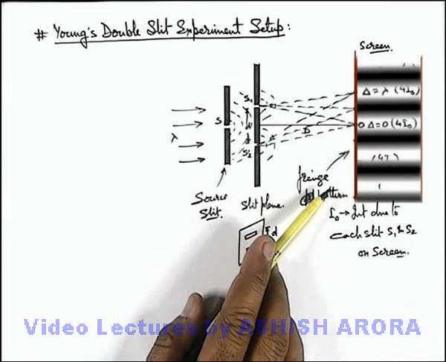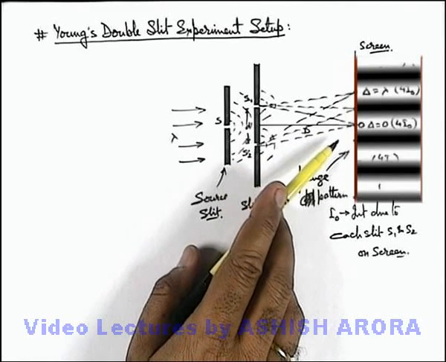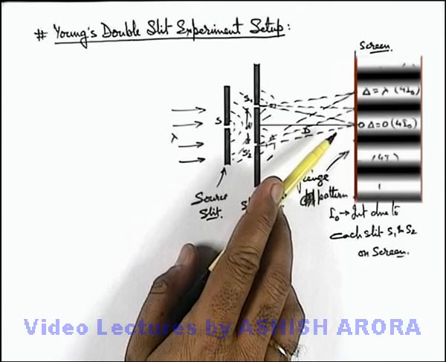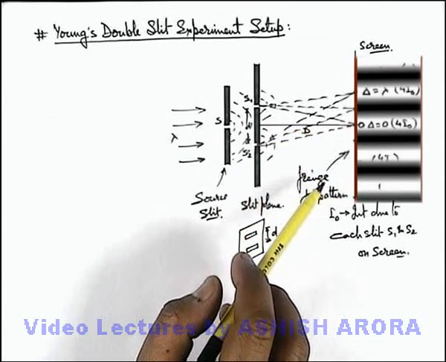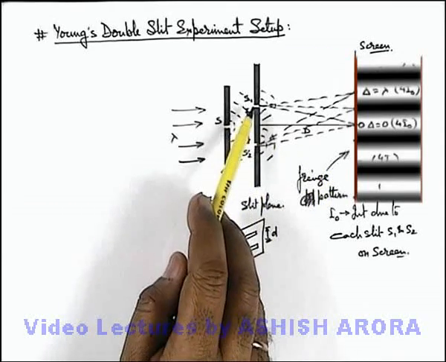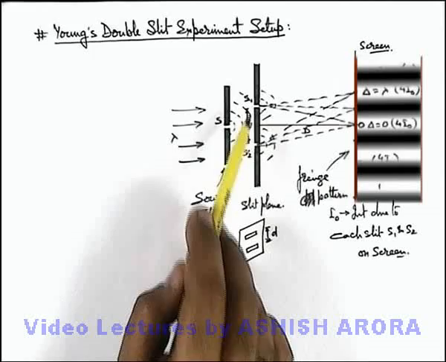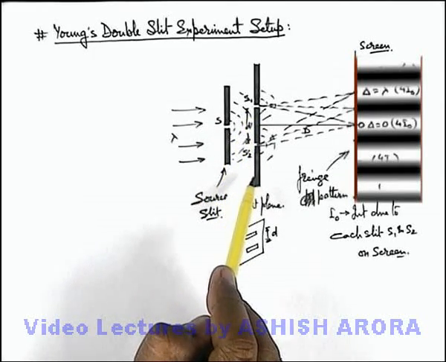In this fringe pattern the central fringe is bright with 4I0 intensity, and close to it the neighboring fringe is dark and then bright and so on. This fringe pattern is the resulting effect of interference of light coming from the two coherent sources S1 and S2 on the slit plane.